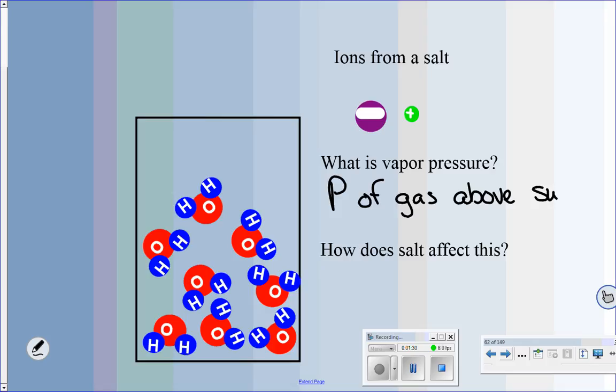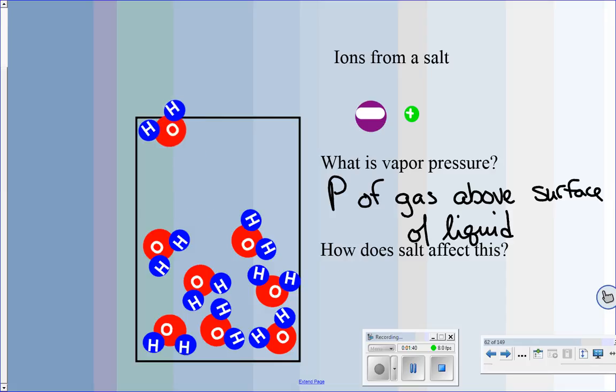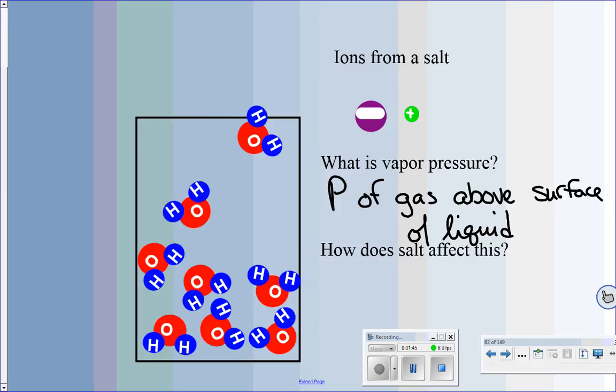Vapor pressure is the pressure of gas above the surface of a liquid, in this case, water. You can imagine some of these water molecules evaporating. Once they become a gas, they create vapor pressure.